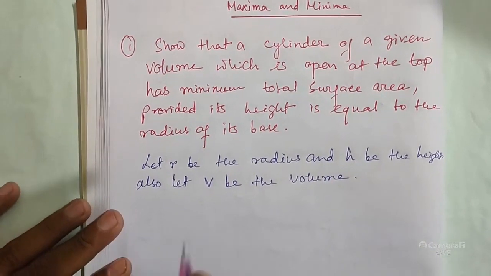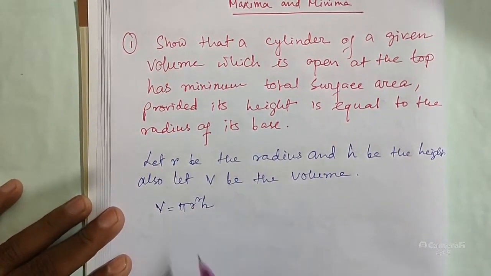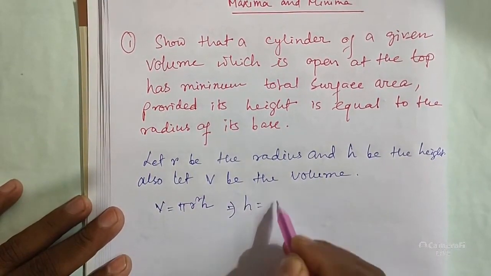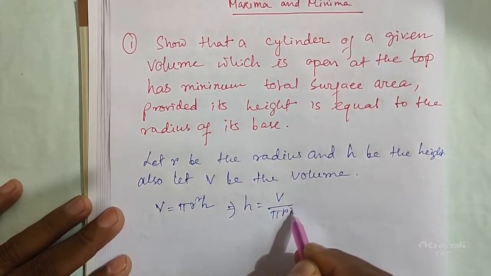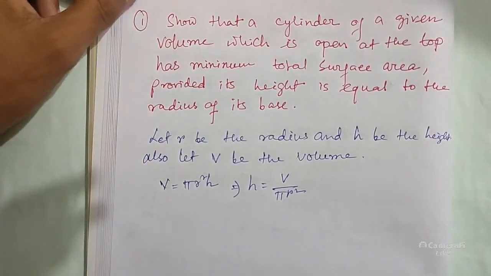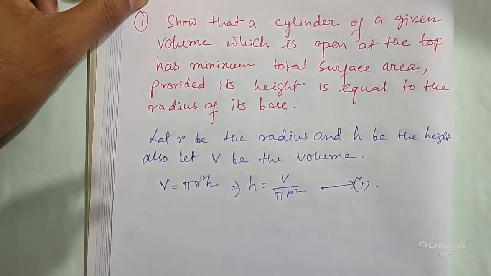So volume, we know that volume of cylinder V equals pi r square h. So from here we are getting h equals V by pi r square. Let this be number 1.